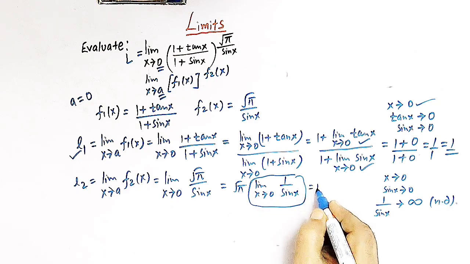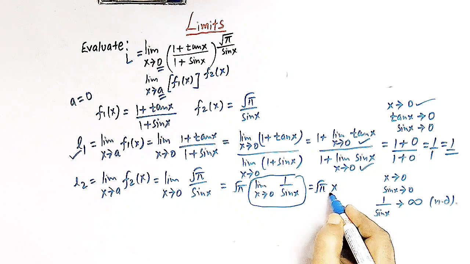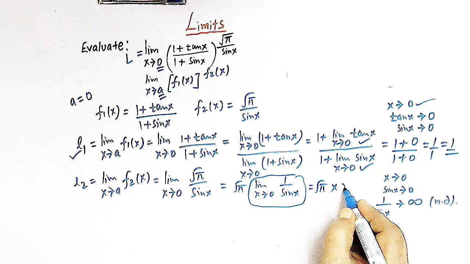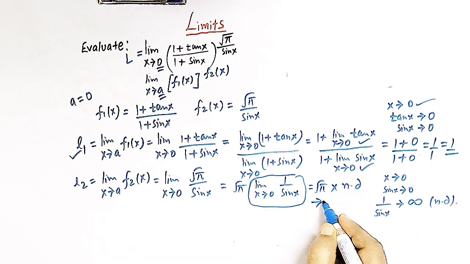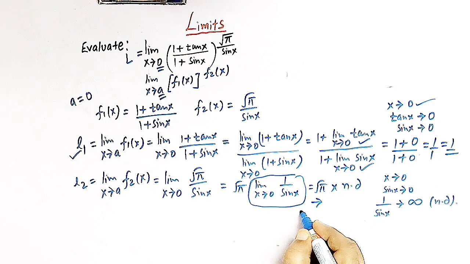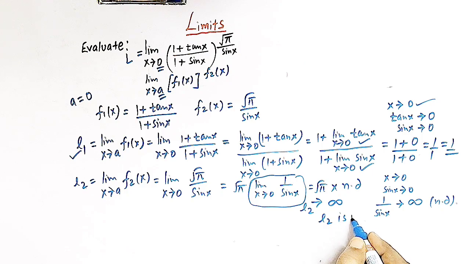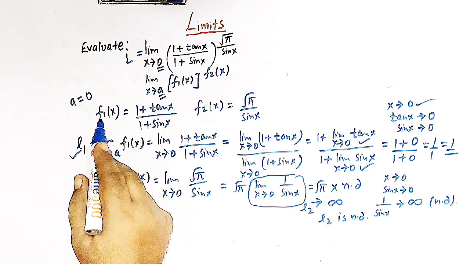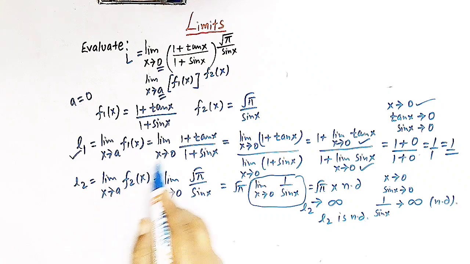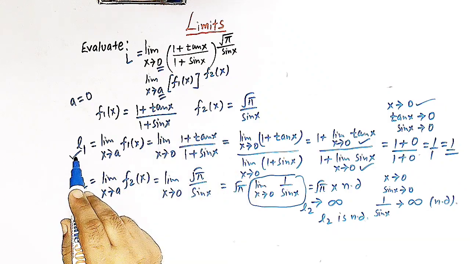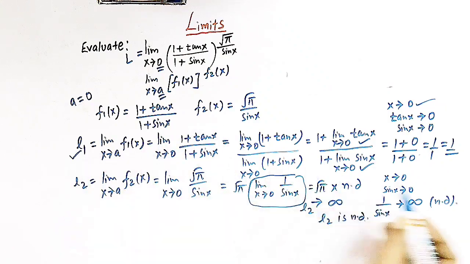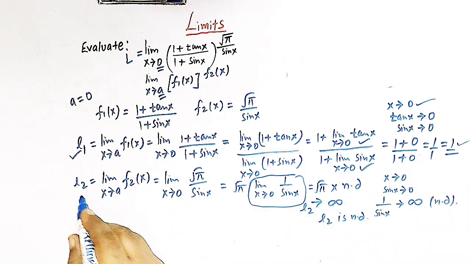So here we have square root of pi, and this limit is not defined. So L2 tends to infinity, that is, L2 is not defined. So these two functions f1(x) and f2(x) satisfy the condition, that is, L1 is equal to 1 and L2 is not defined.